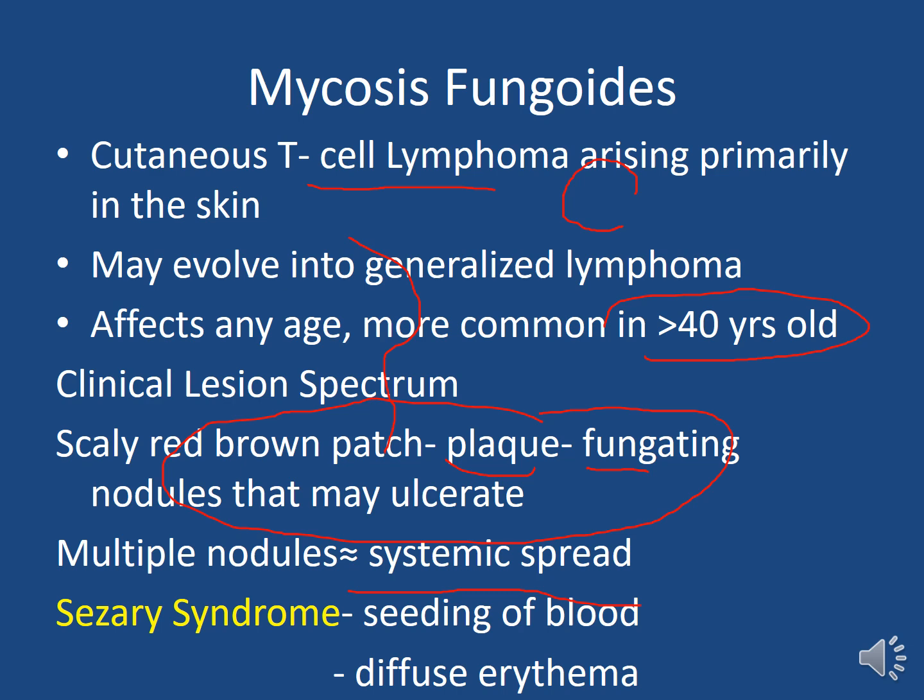Sézary syndrome is the term coined to characterize the seeding of the blood by the neoplastic T cells, indicating spread already of the neoplastic cells to many organs of the body. Clinically, patients will present with diffuse erythema or redness of the skin.